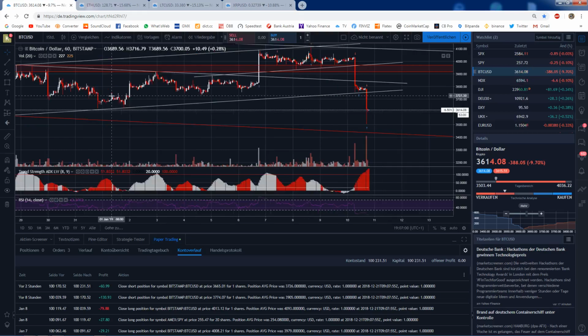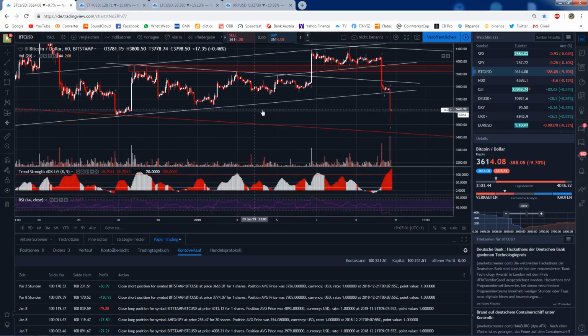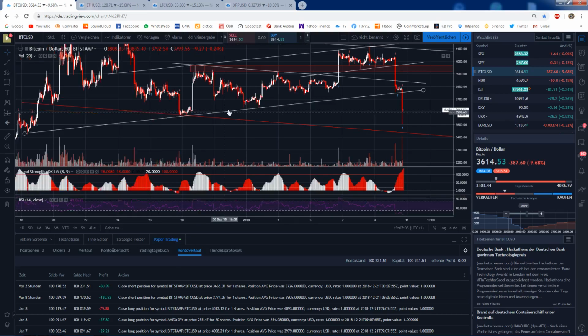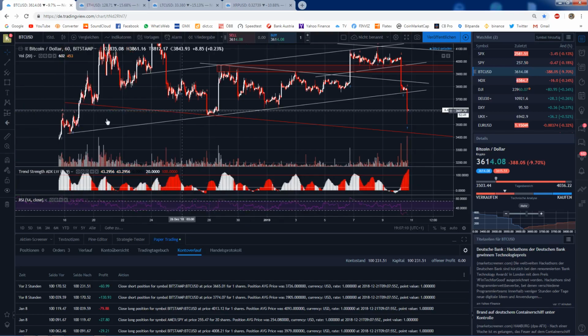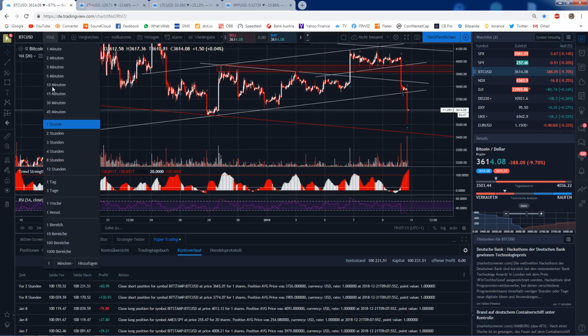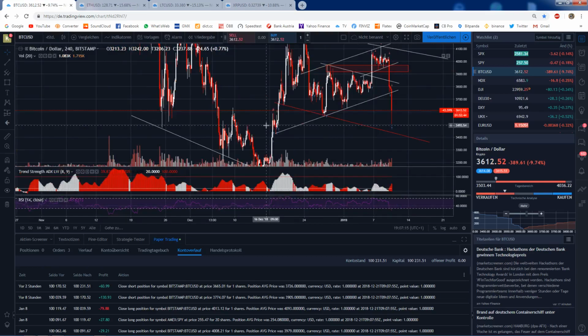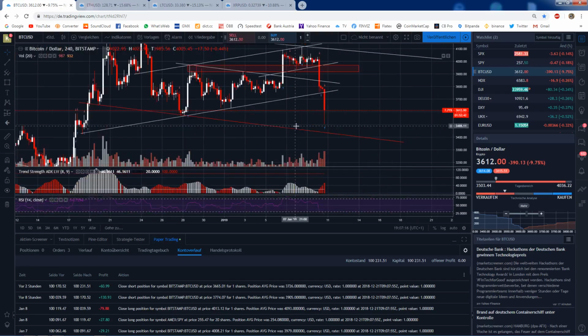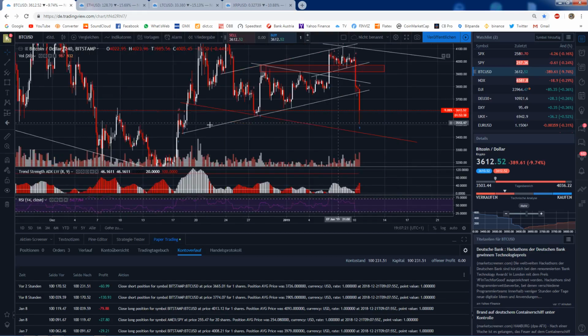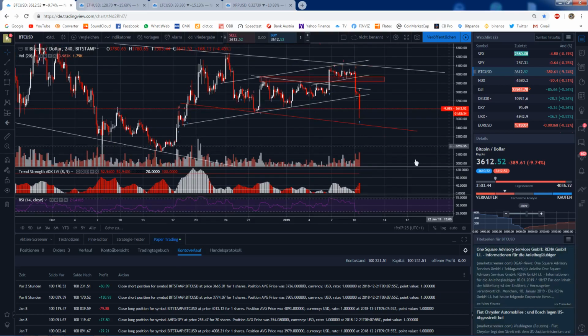I thought that if this breaks, then most likely we either see support right here, which has been resistance, so this would be most likely. But if we even drop further, then we move most likely into the vicinity of around 3,500.